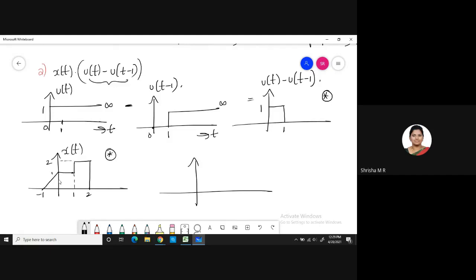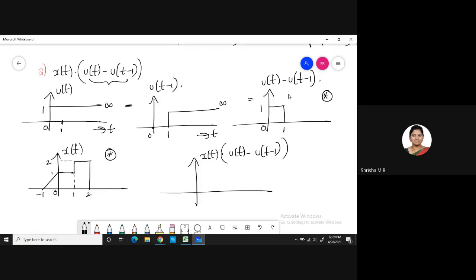Second waveform? 0 to 1 it will exist, ma'am. Yeah. x of t into u of t minus u of t minus 1 would be, what is the overlapping space? If you multiply with x of t, the overlapping space is just from 0 to 1 only, correct?